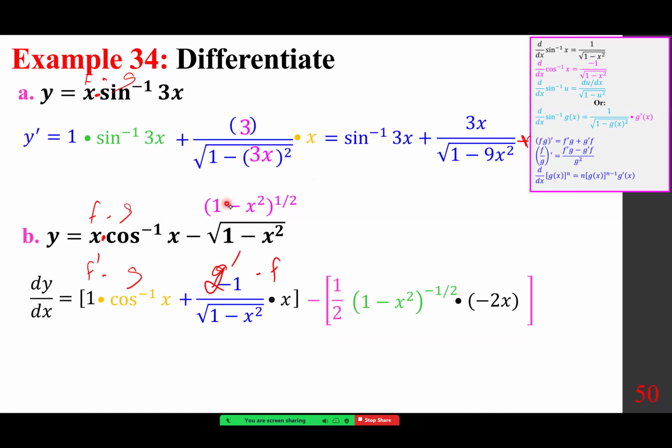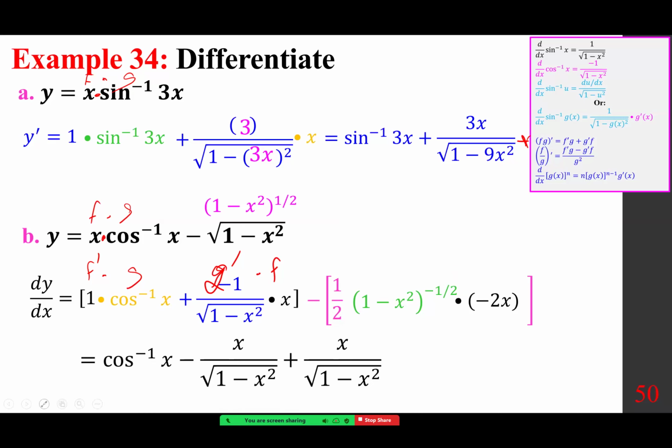We're going to rewrite this as follows. This is cosine inverse of x. This is minus x over the square root of 1 minus x squared. And this one, minus and minus is plus, 2x over, this one goes down, becomes 1 minus x squared to the power of positive 1/2. 2 and 2 cancel each other.